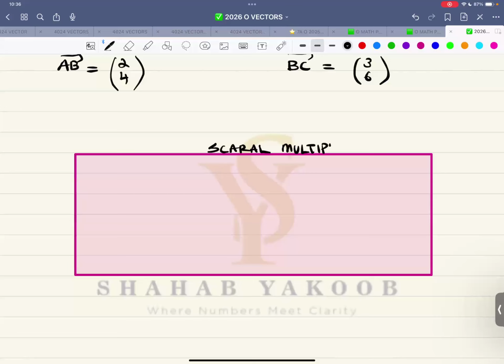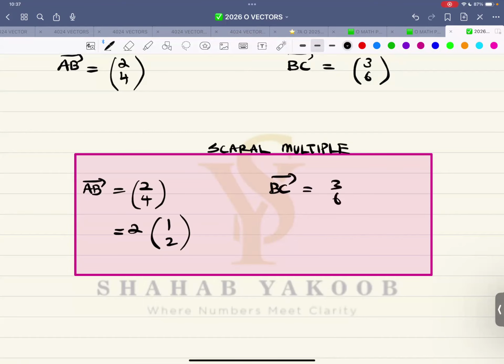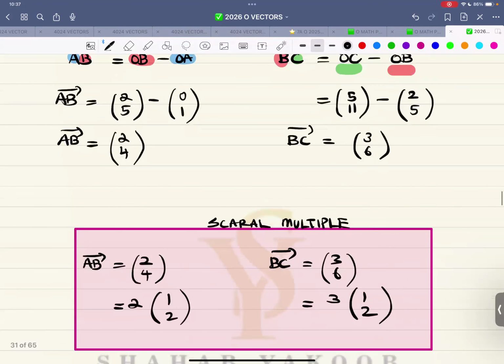That means simplify by taking a constant common out. So AB, (2, 4), can be written as 2 times (1, 2), because I have taken 2 common out from both. BC, that is (3, 6), can be written as 3 times (1, 2). So now AB is 2(1, 2) and BC is 3(1, 2).